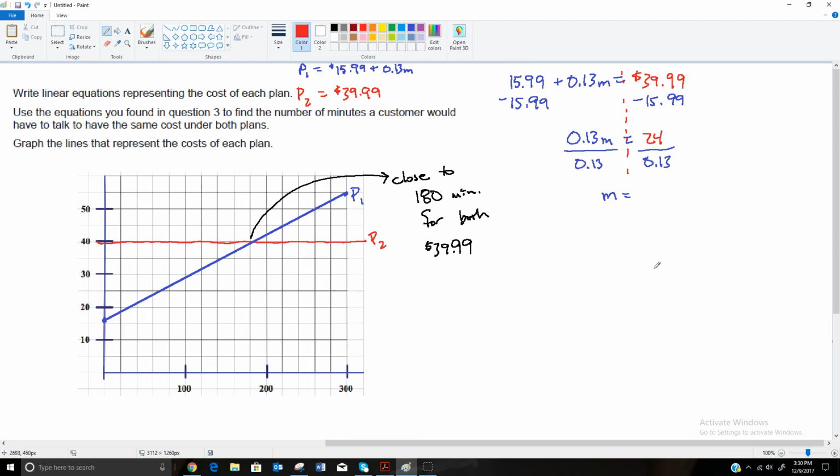And it comes out that it is 184.6. So looking at the graph, we were pretty close. We said it looked like it was pretty close to 180. You can see it actually crosses a little bit past 180. So 184.6 is what I'm getting on the calculator if I round it. So they're equivalent at about 184.6 minutes.